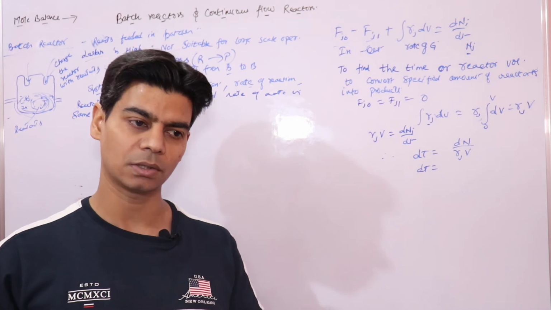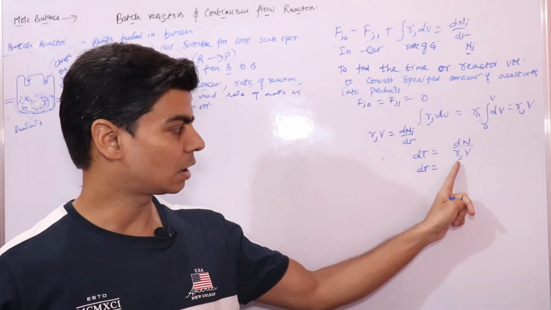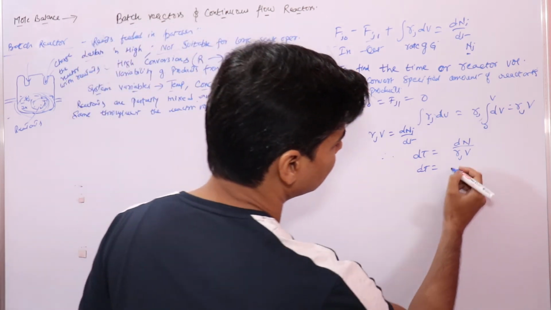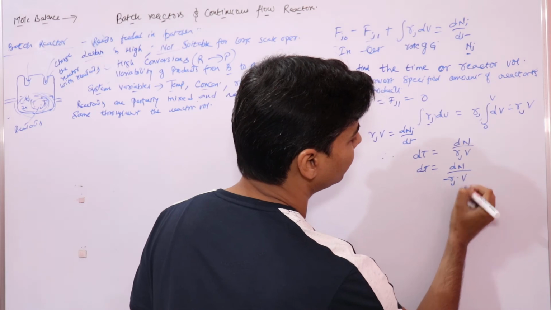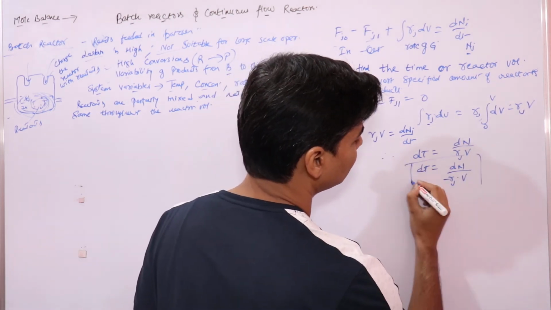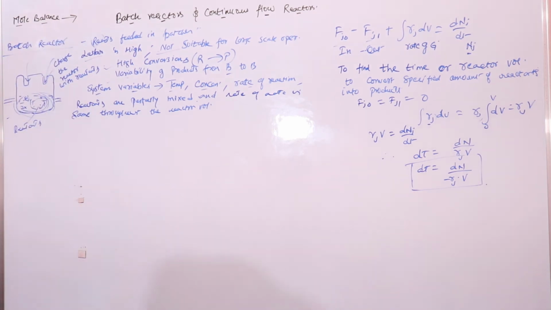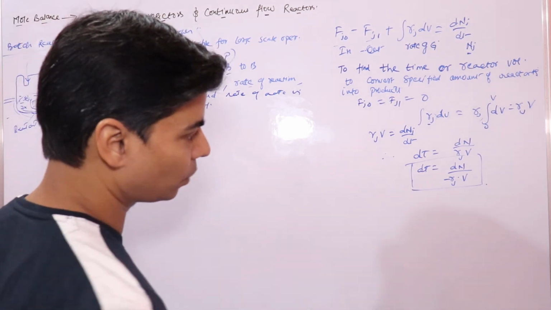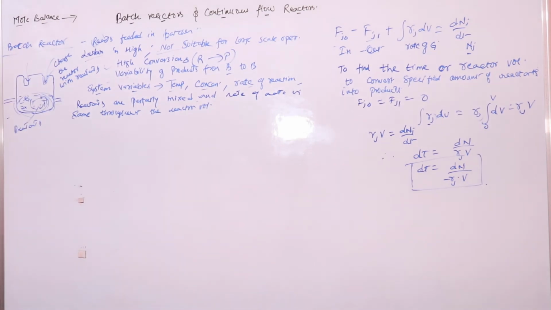Since the concentration of reactants is going down, this Rj would be negative. So dt equals dnj upon minus RjV. So this is your equation which gives you the time that is required to convert a specified amount of reactants into products for your batch reactor.